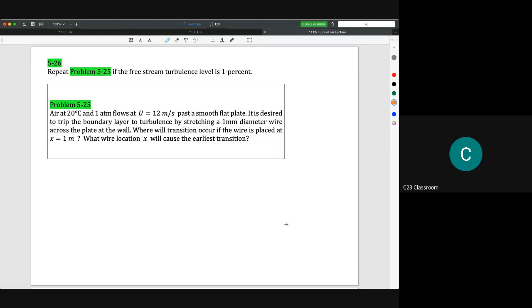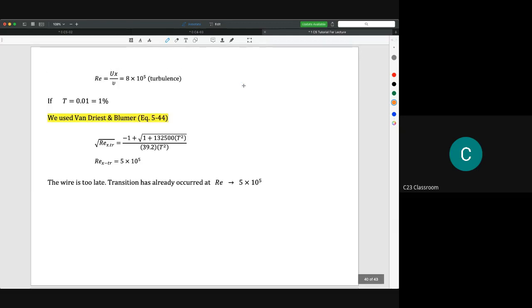Okay, so we go for question 5.26. Repeat problem 5.25, which means we have the plate with a trip wire, but now the free stream turbulence level is 1%. So we calculate again by using the Reynolds number.